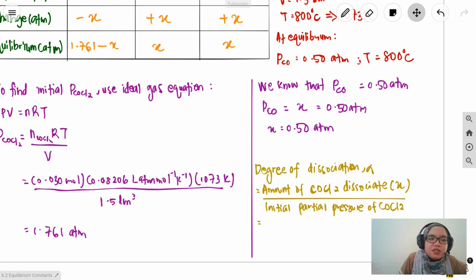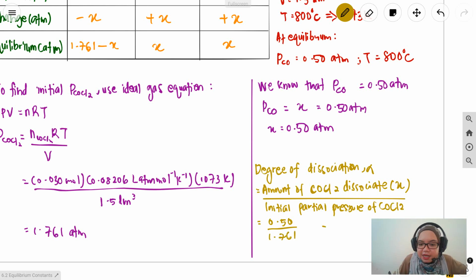So the amount dissociated is X here. Right. So divide by the initial partial pressure. So you will get here 0.50 over 1.761 atm.